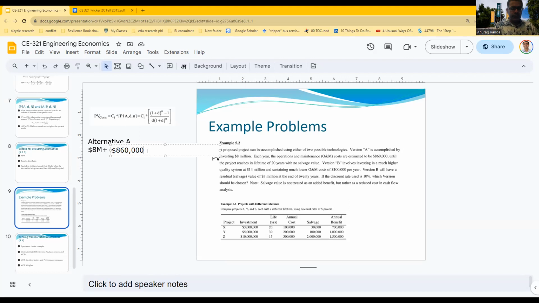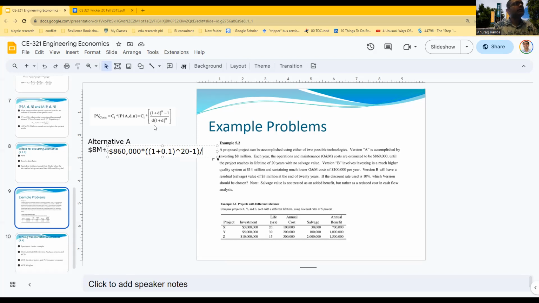So the annual cost is $860,000. I'm going to multiply that by (1 plus the discount rate of 10%, so 0.1) raised to the power 20, since it's a 20-year life cycle, minus 1. And I'm going to divide this whole thing by d times (1 plus d) raised to the power n.